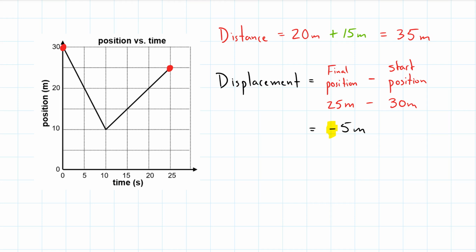So what this tells me is that this person went 5 meters backwards overall, right, in the negative direction. So they finished 5 meters behind where they started.